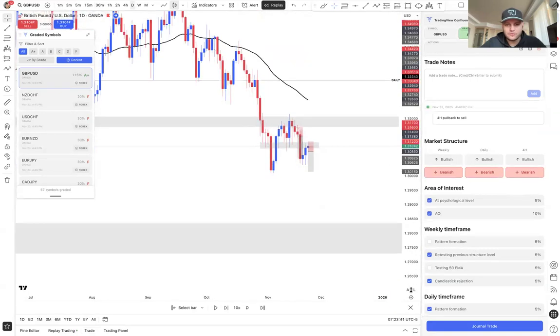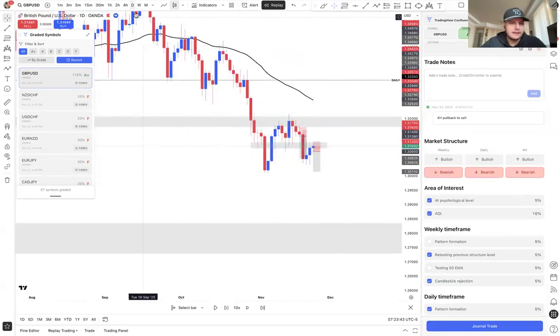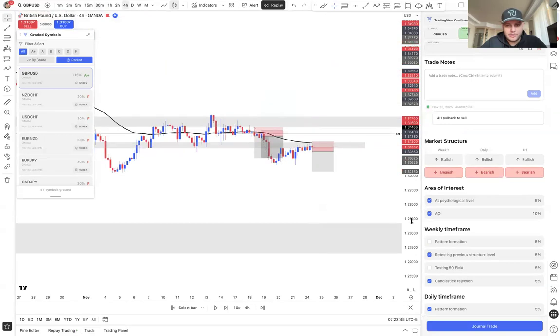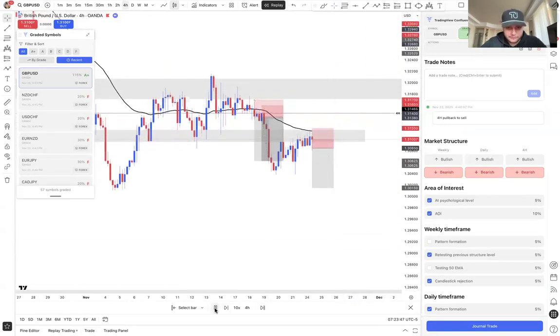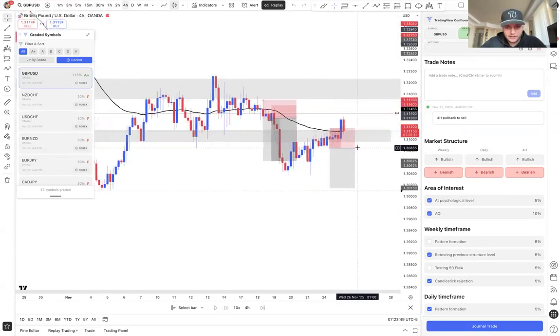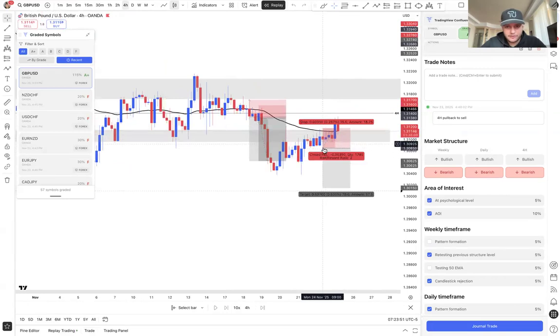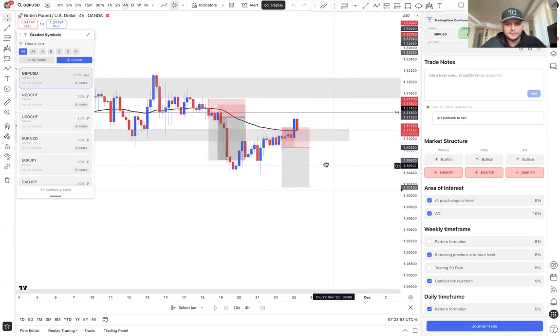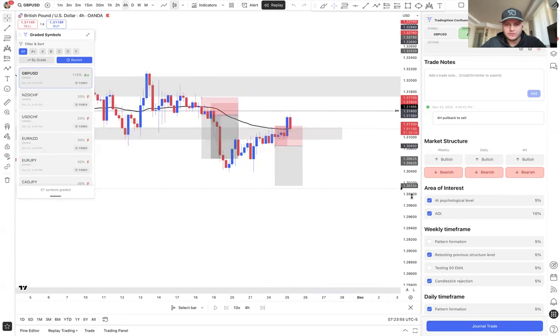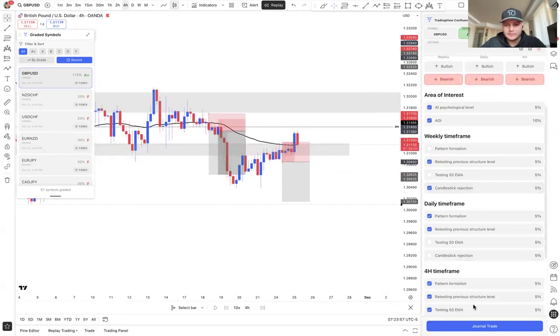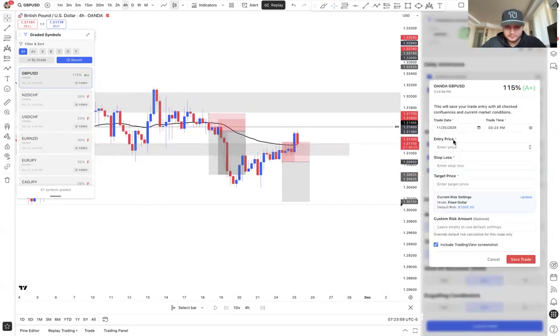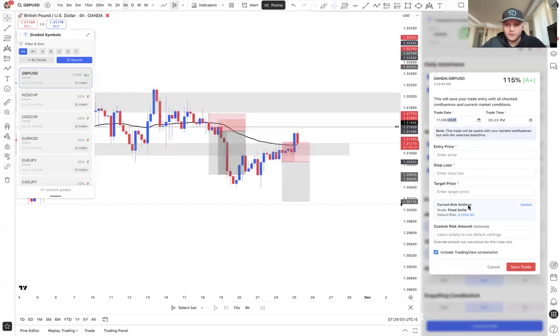I think that the issue was the fact that we never waited for that 4-hour candlestick closure. And if we did, we would have seen that price kind of failed to reject all the way and failed to close bearish. So this was the trade that we took. Let's go ahead and journal it. So we entered on the 24th.